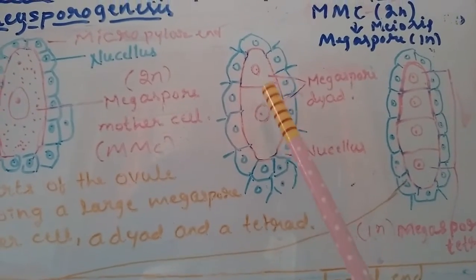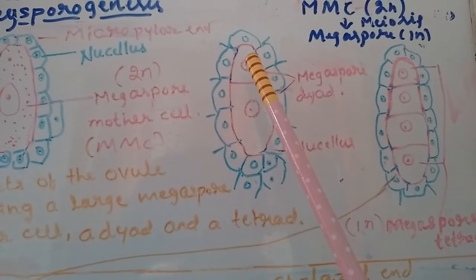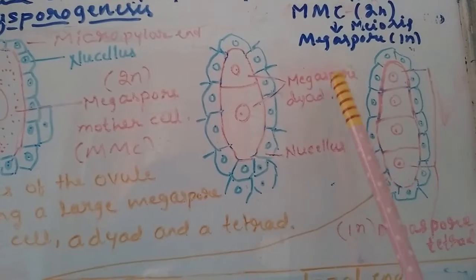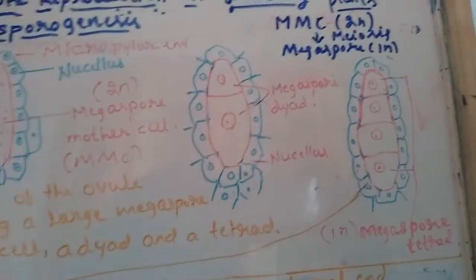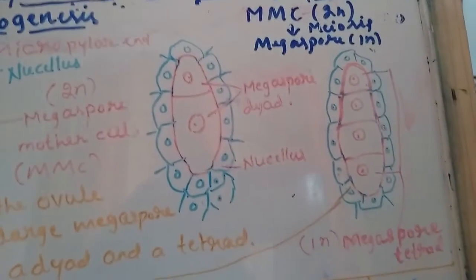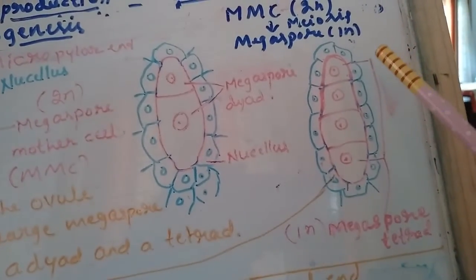After completion of the first meiotic division, 2 megaspores are formed, and this stage is known as the megaspore dyad. Understood?